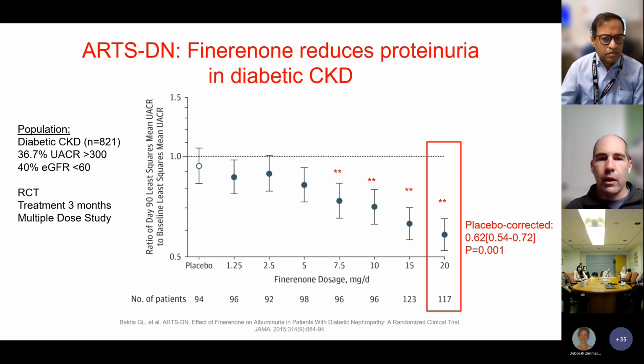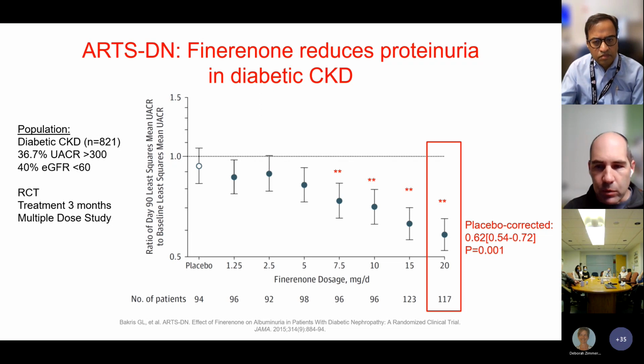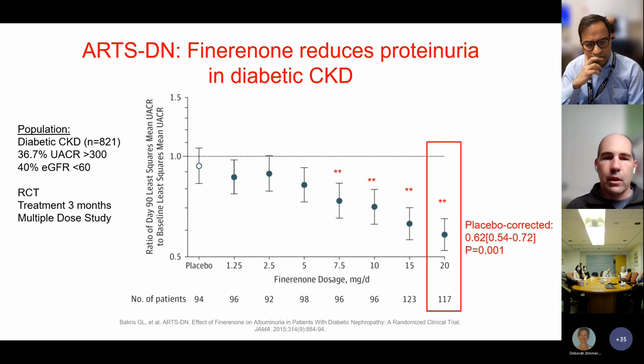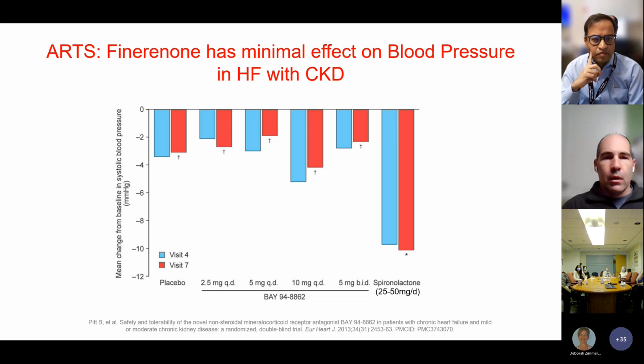These higher doses, 7.5, 10, 15, 20, reduced, this is a modeled urine albumin creatinine ratio, so albuminuria, in these people with diabetic CKD. At the higher doses, 10 to 20 milligrams, I think you can clearly see that there's a decrease. And this is placebo-adjusted reduction in albuminuria. So again, this is not a real hard endpoint, but a surrogate endpoint.